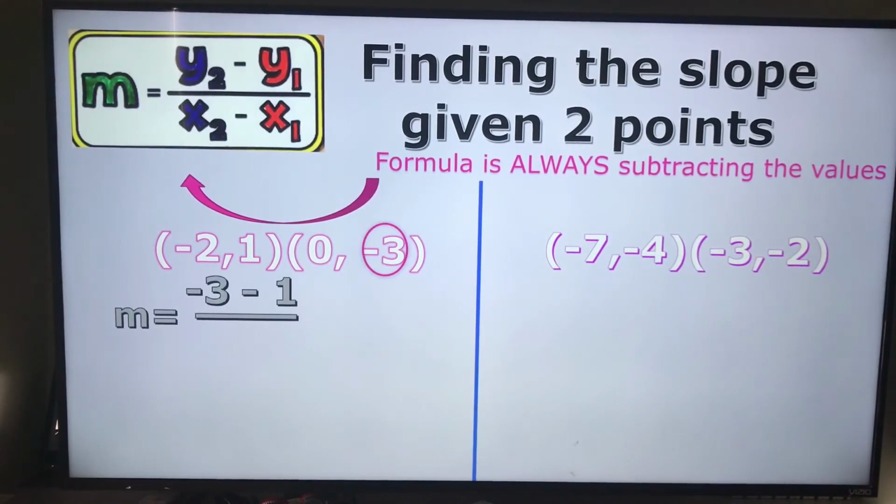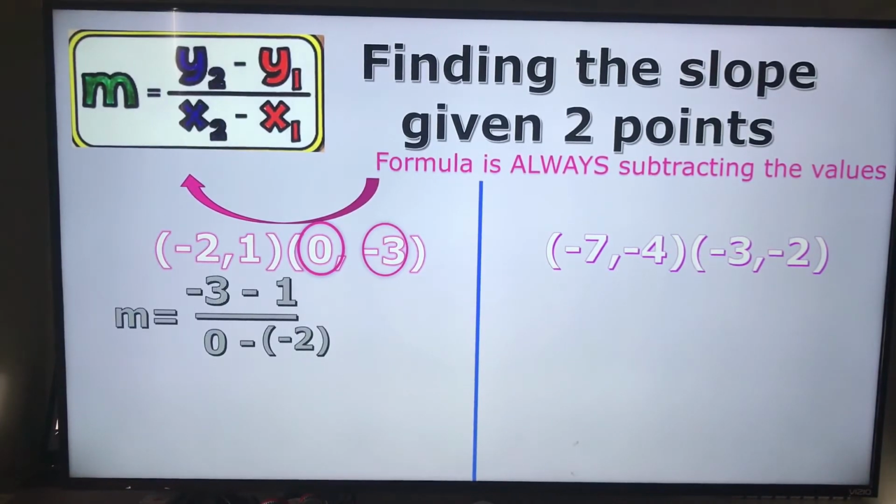But since I used negative 3 first for my y's, guess what? I must use 0 first for my x's. Since we're dealing with subtraction, the order does in fact matter. So I'm going to write 0 first. I am then going to subtract my negative 2.